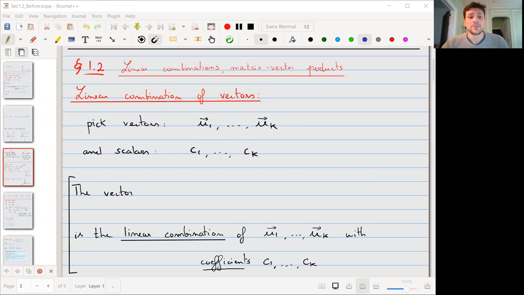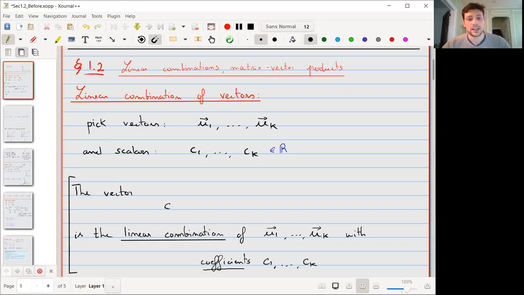How does it work? If I give you a set of vectors, u1 all the way up to uk, and a set of scalars, I remind you that a scalar is a real number, then the linear combination of vectors u1 through uk with coefficients c1 through ck is the following vector.